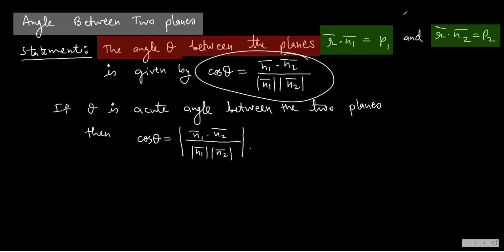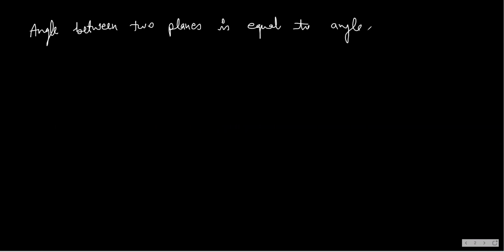See, we have to prove this. Students, it is very simple. Now, how do I derive it? I will tell you. Listen, always remember one thing, this statement is very important: the angle between two planes is equal to the angle between their normals.